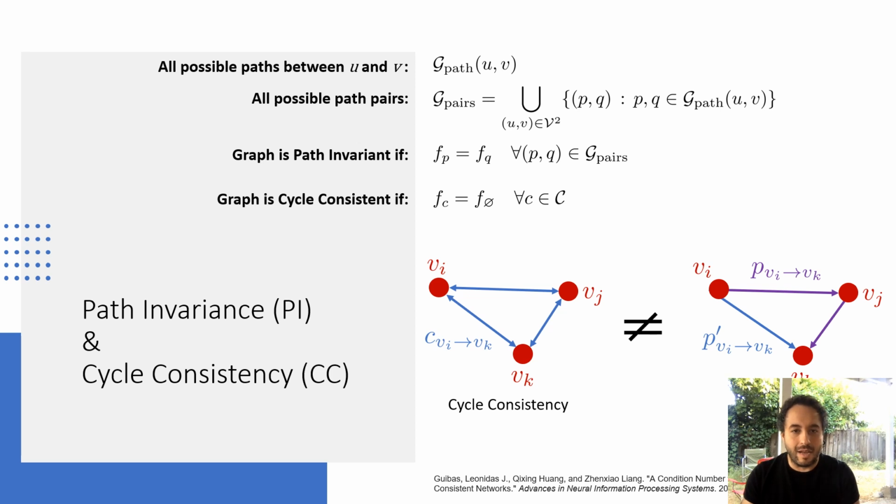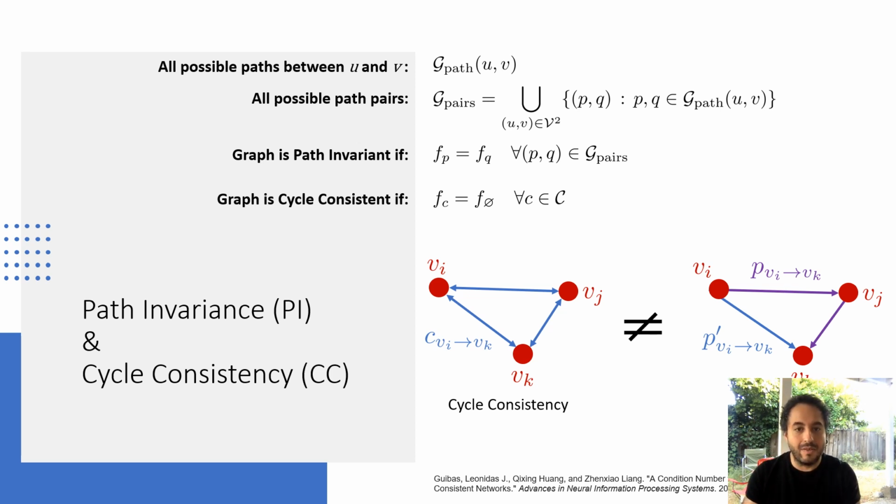And then I will call a graph a path invariant one if for any path that takes vertex u to vertex v, there is a path P and a path Q in the path pairs, and they should lead to the same result always.